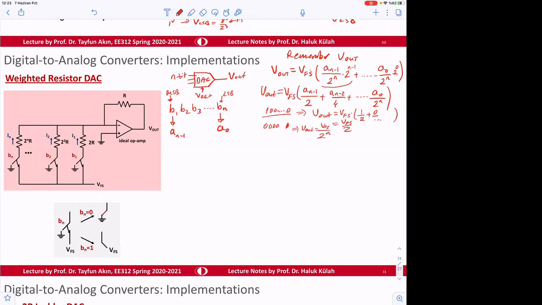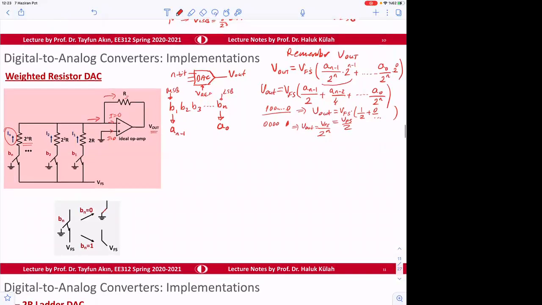Let's say Bn, which is the least significant bit now, has a resistance of 2 to the power n R, and this is an R. There's going to be current coming from here, and since it's an ideal op amp, the current going in is 0, and the currents added up here go through here, and then Vout is obtained.